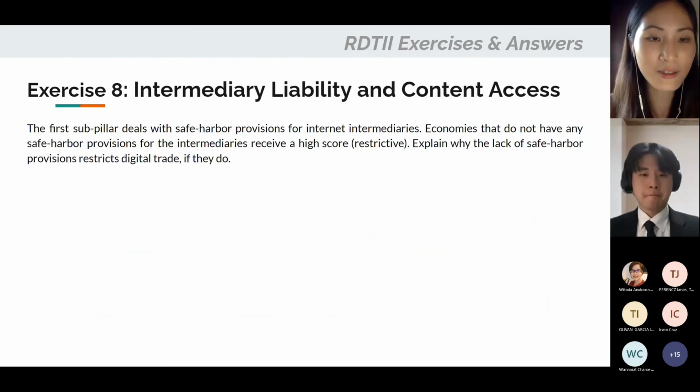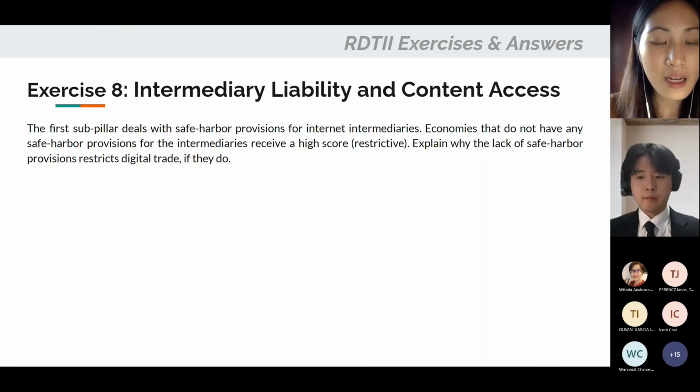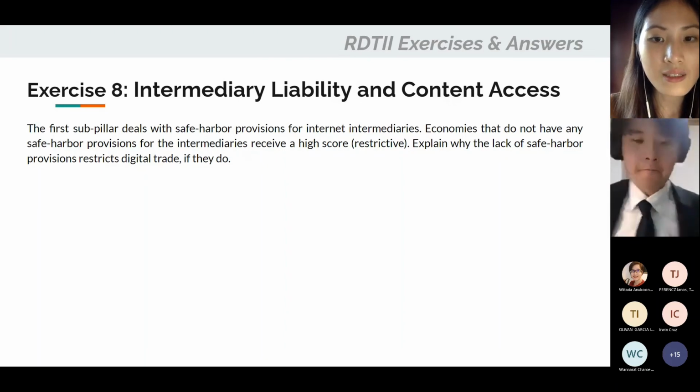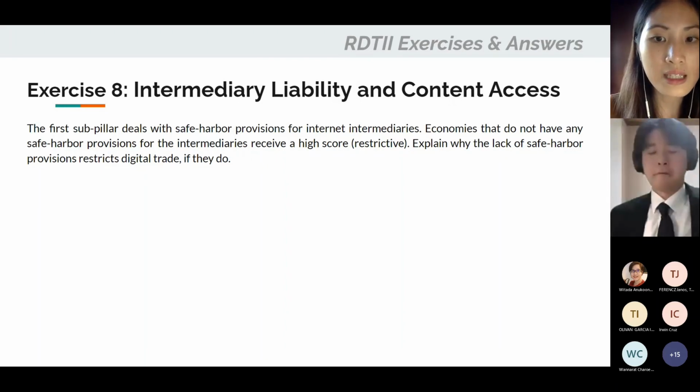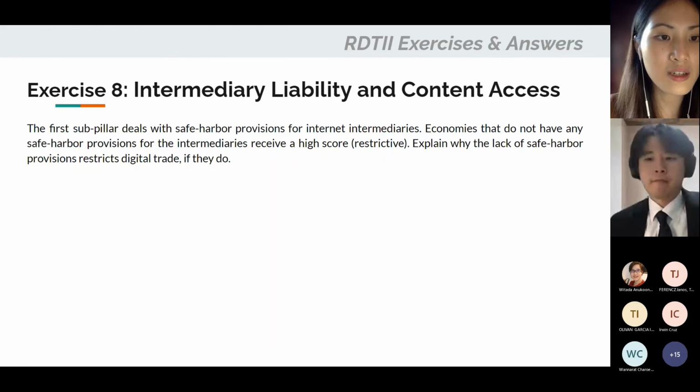Okay, next question. This question is focused on Pillar 8 on intermediary liability and content access. It asks about the safe harbor provisions and asks you to explain why the lack of safe harbor is considered restrictive to digital trade.